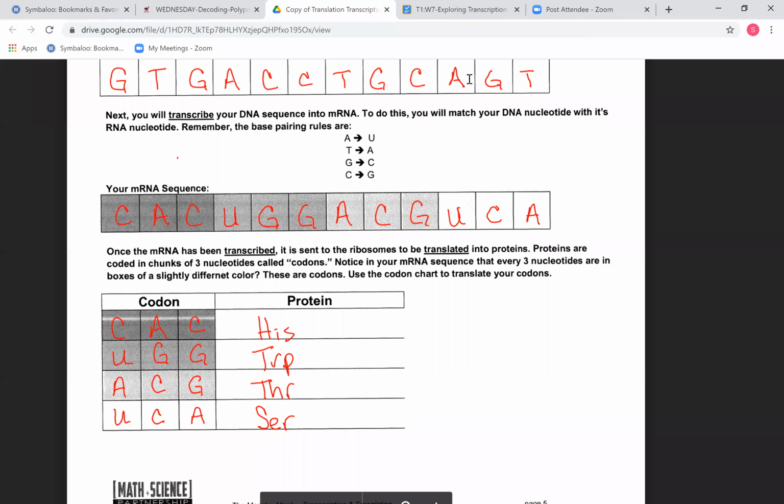I took my DNA strand and converted it to mRNA by changing all the A's to U's, not A to T. I then took 3 at a time and put them down here. These are called codons, 3 at a time. And then I looked it up on that chart, the circle chart or the other chart, and I found my proteins here. And that's how you do that page.